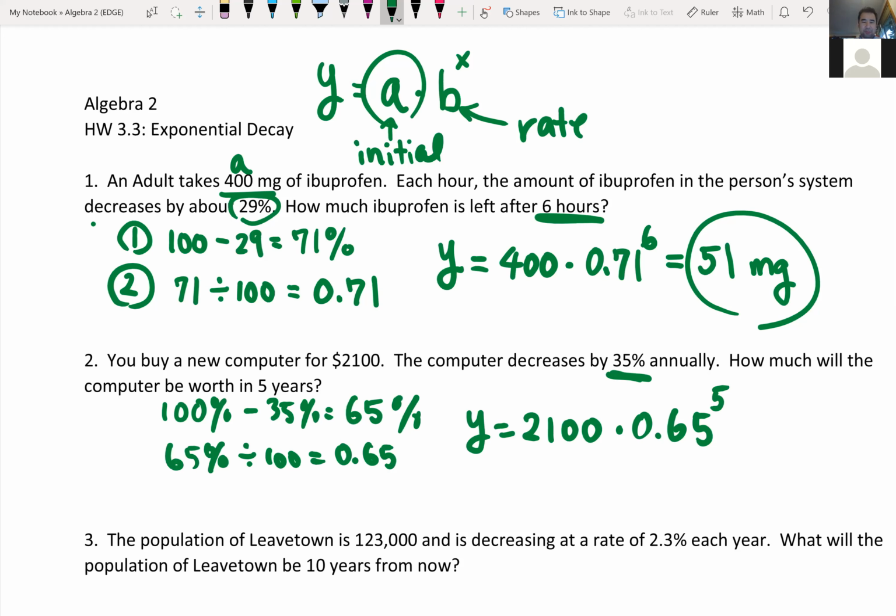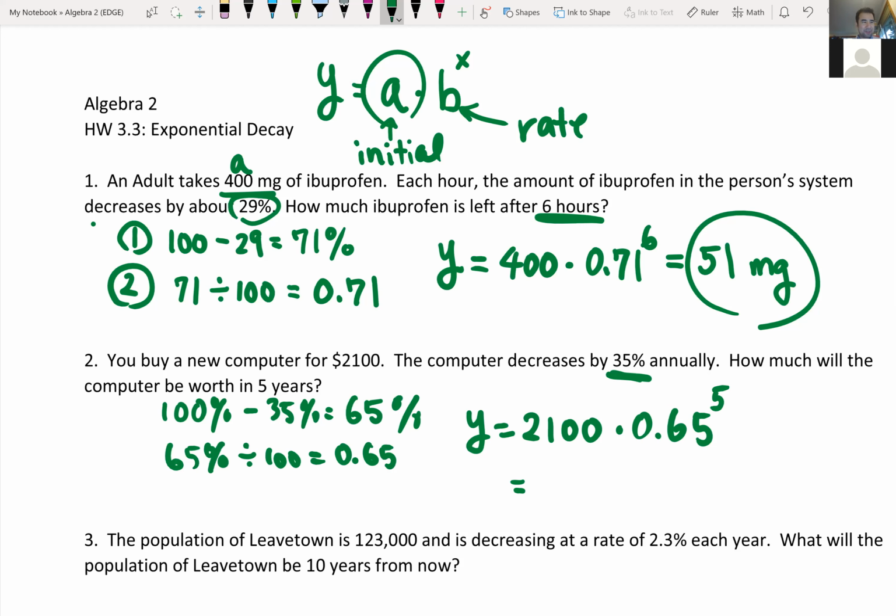How much is a computer worth? I don't know if 65% retention is reasonable. $200 maybe. I don't know. That might be a little bit too low.